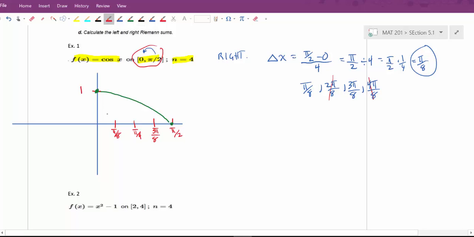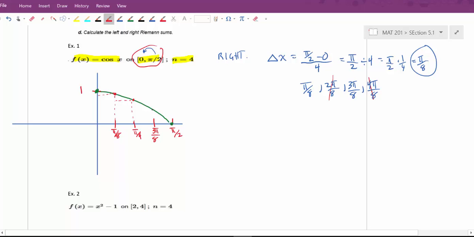Watch this carefully. When you go to pi over 8, since we're using a right endpoint, you want the rectangle to be measured from that point like that. And then you can just sketch in your rectangle. Go to pi over 4, go up to the function. That's how high the rectangle is going to be. The right endpoint of the rectangle measures the height.